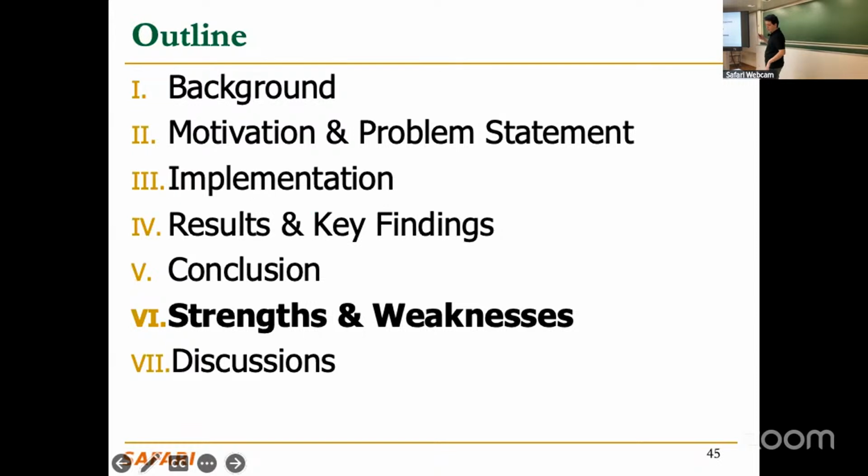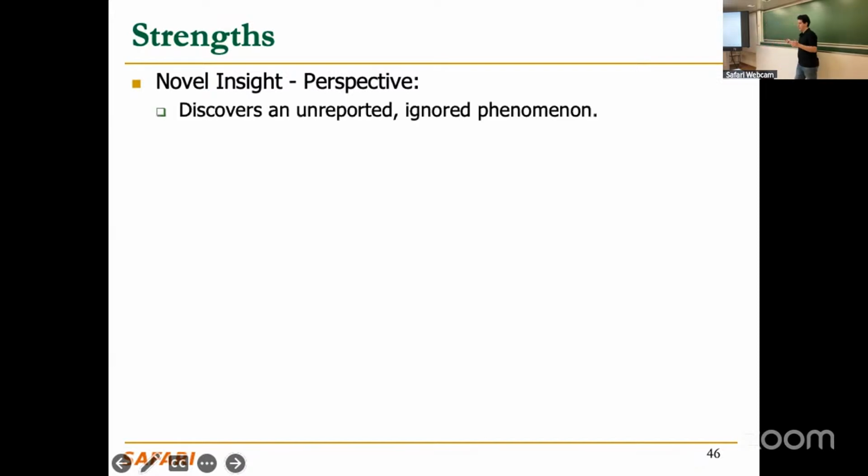So that brings me to the end of the paper review. Now I would like to share the strengths and the weaknesses of this paper, in my opinion. The first thing is that it gave a novel insight and a new perspective on disturbance error research. It discovered an unreported or maybe ignored phenomenon in this sector.